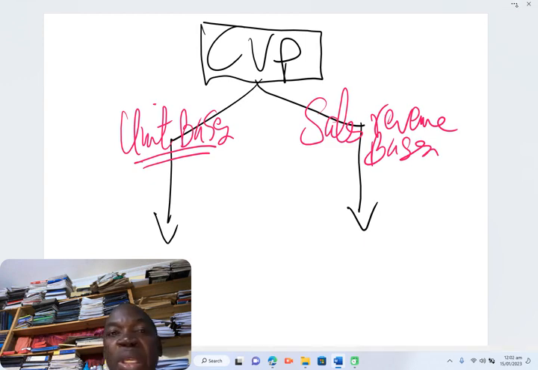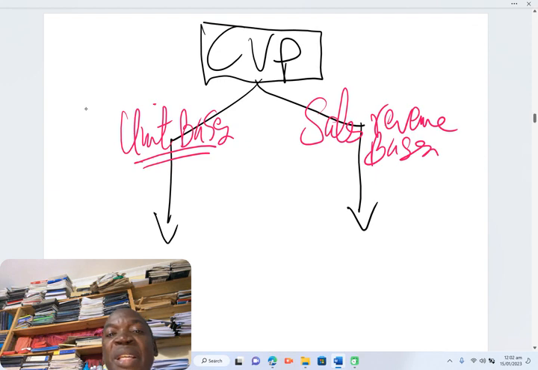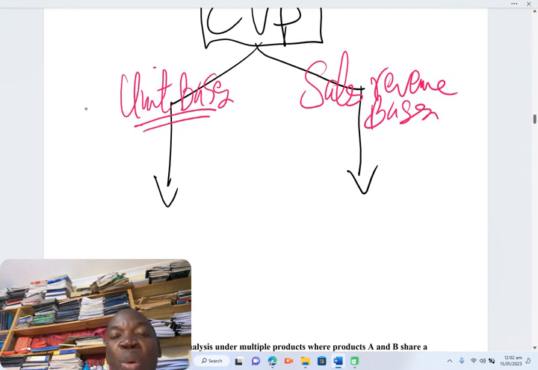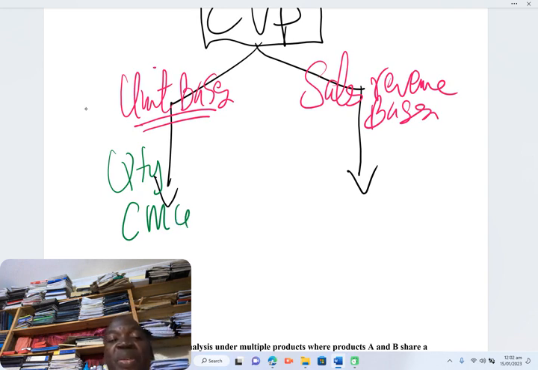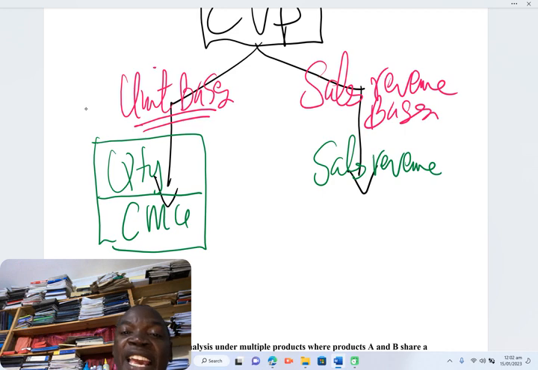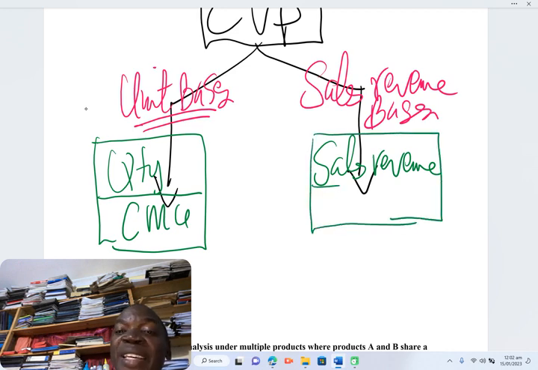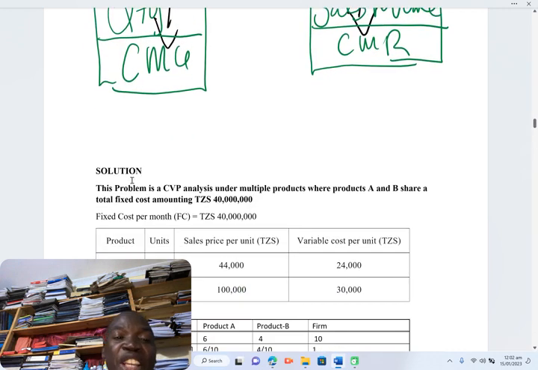Now, how do we handle the unit basis and the sales basis? In the unit basis, we have two important things. Number one is quantity. Number two is contribution margin per unit. In sales revenue, we have number one, the sales revenue, and number two, CMR, contribution margin ratio.